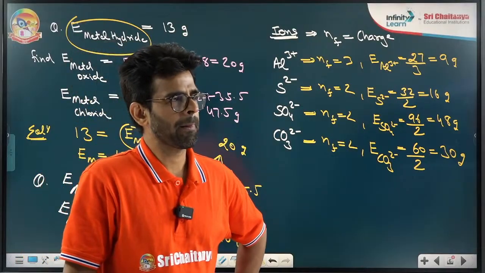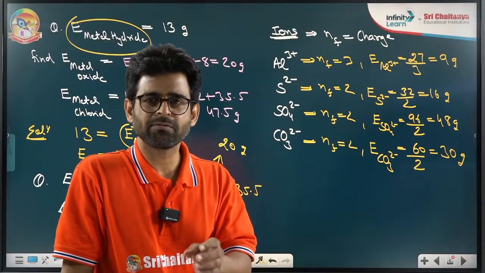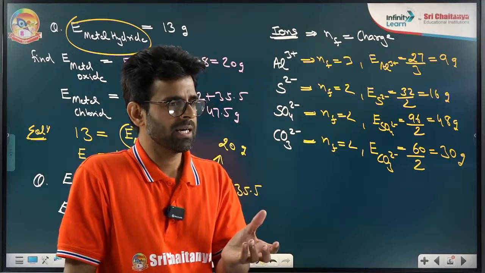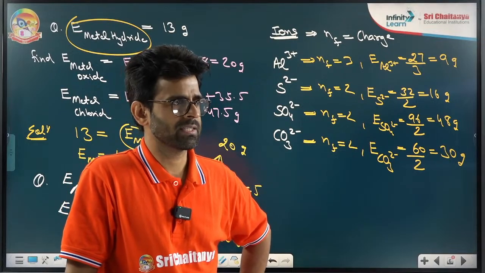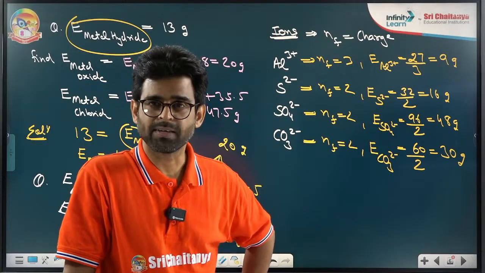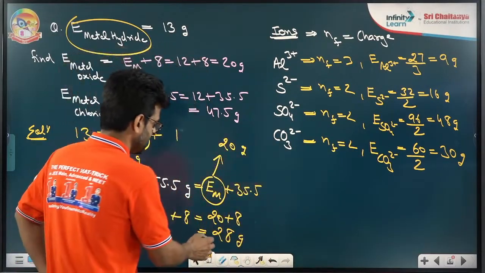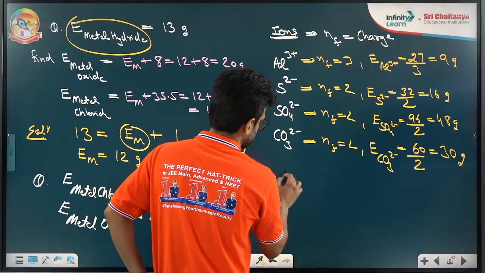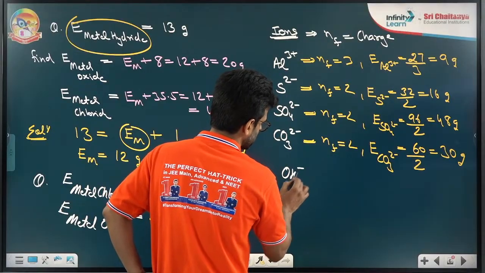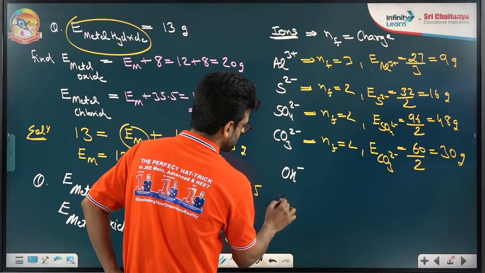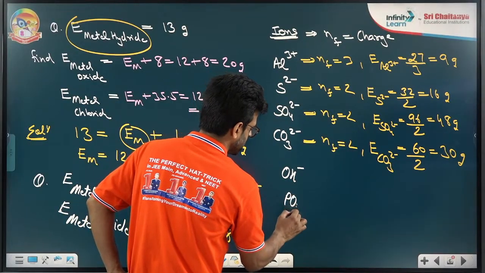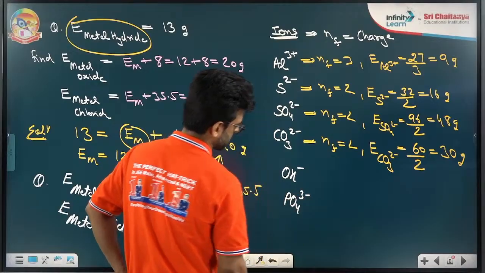Yes, everyone. So if any ion is there, you can find its equivalent weight very easily, right? By dividing by its charge. Charge is its N factor, right? So please tell me this also. If I am giving you one more, imagine OH minus, and I am giving you here one more, it's PO4 3 minus.